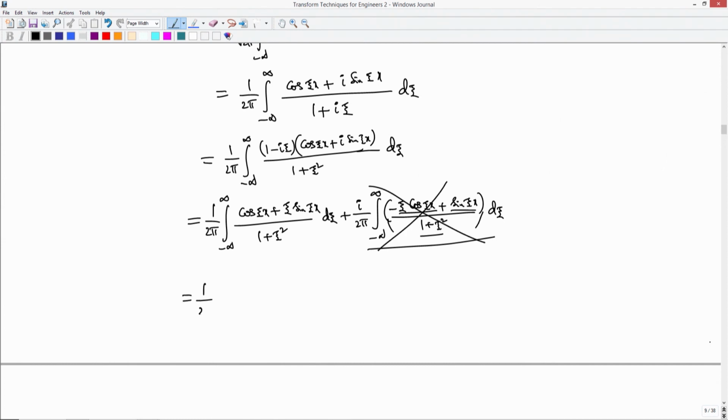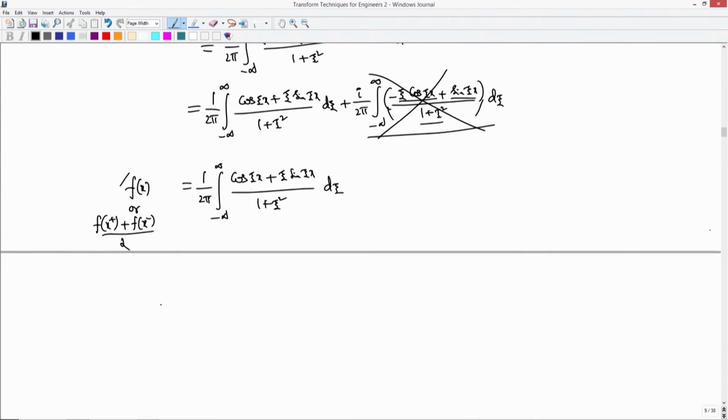So, you have 1 by 2 pi integral from minus infinity to infinity of cos xi x plus xi sin xi x divided by 1 plus xi square d xi, is your f of x if it is continuous, otherwise this is the average value at a discontinuous point. So, if you choose x equal to 0, that is the singular point for this function.